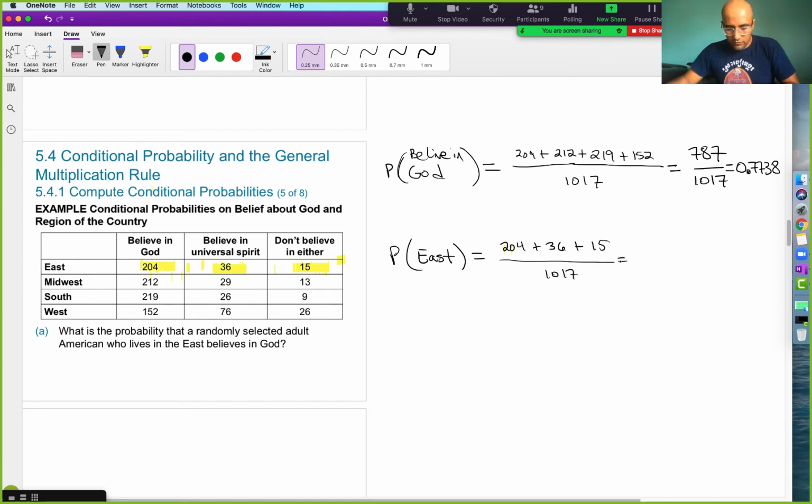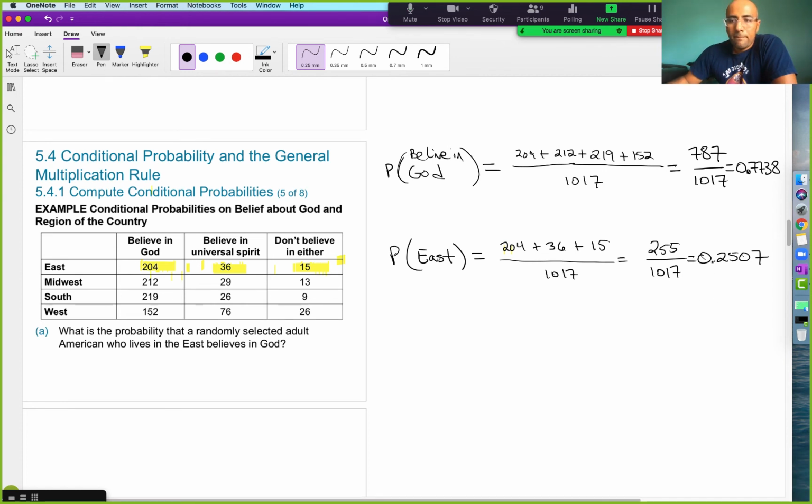So 204 plus 36 plus 15 is equal to 255 out of 1017. If we take that and divide it by 1017, I get 0.2507.